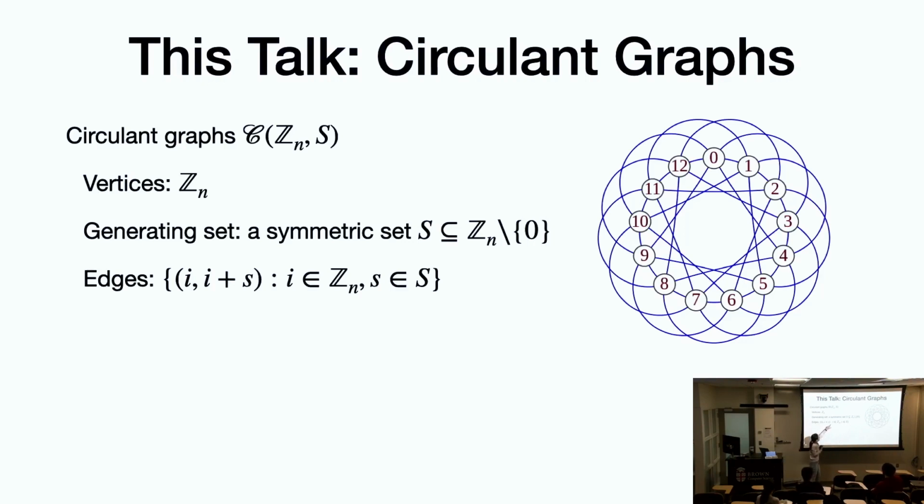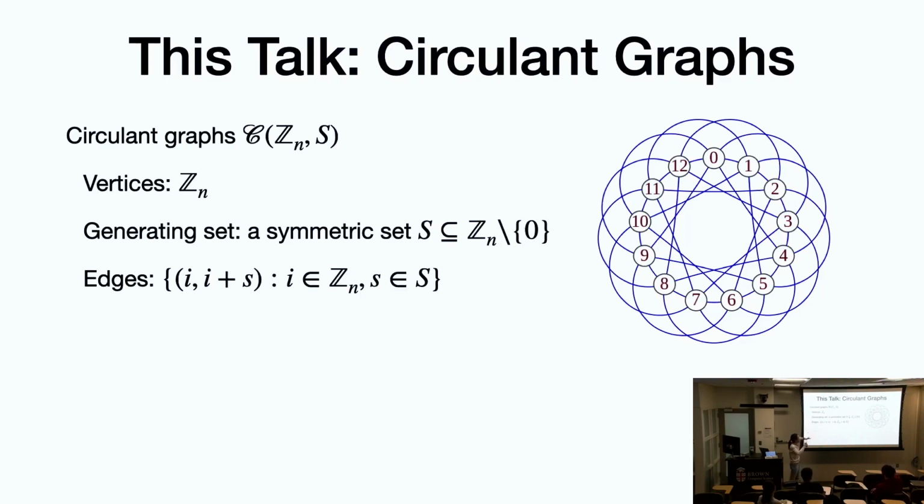Here, for every vertex i and every element s in the generating set, I put an edge from vertex i to vertex i plus s. To make this graph undirected, I want the generating set to be symmetric, meaning that if an element is in the generating set, then the negative of this element is also in the generating set.